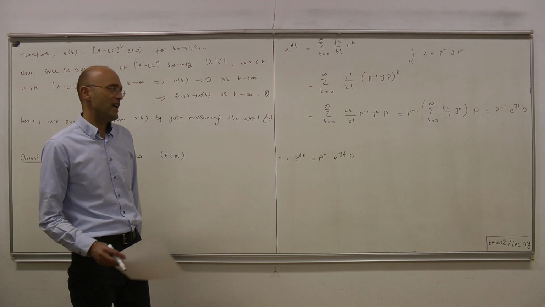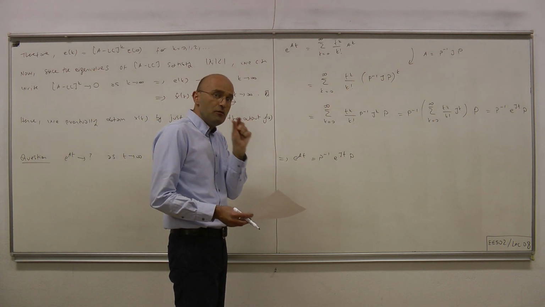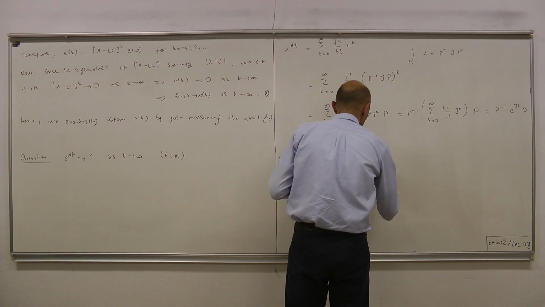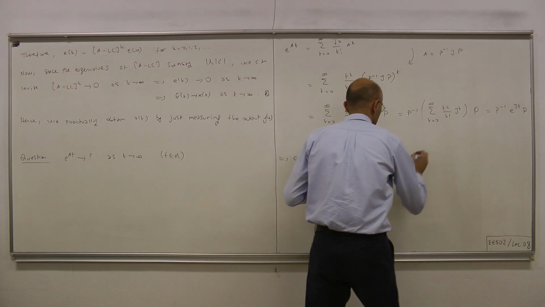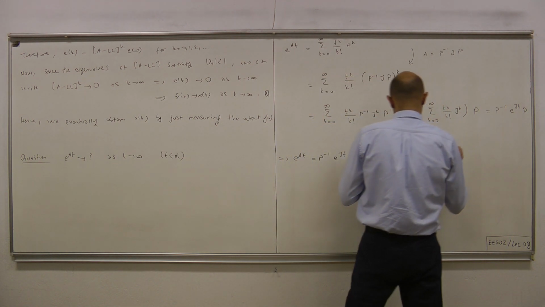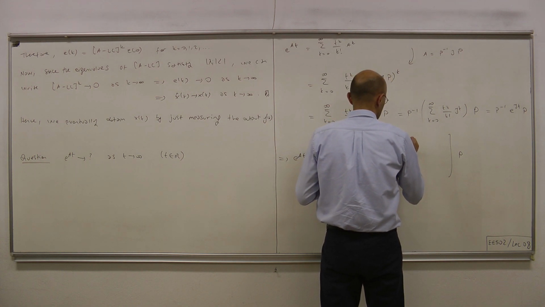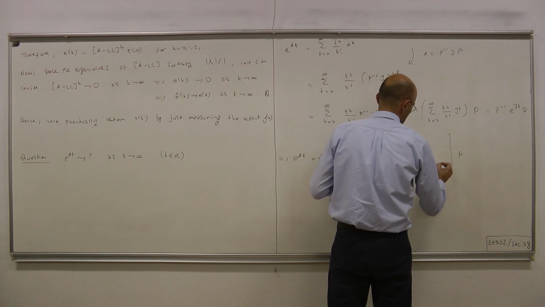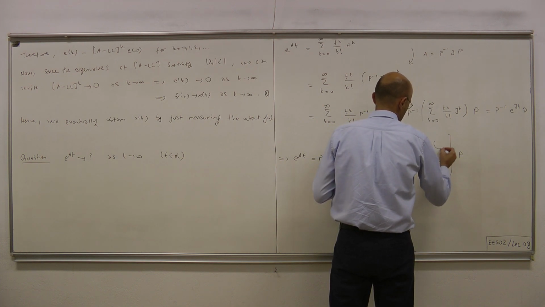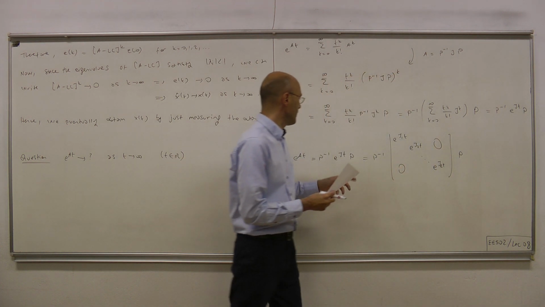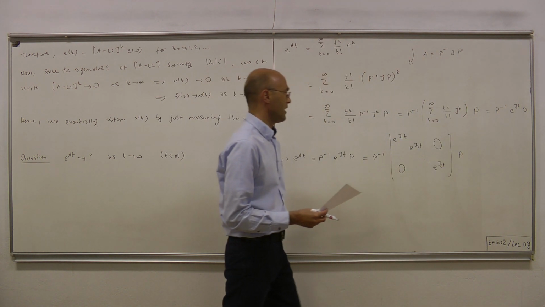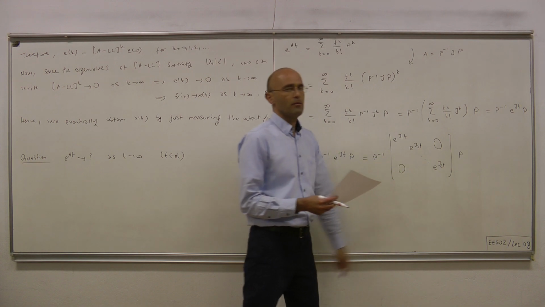Smaller matrix exponentials corresponding to individual blocks of the Jordan matrix. So that equals P inverse times e to the J1t, e to the J2t, e to the JLt, where matrix J is block diagonal with entries J1, J2 up to JL.